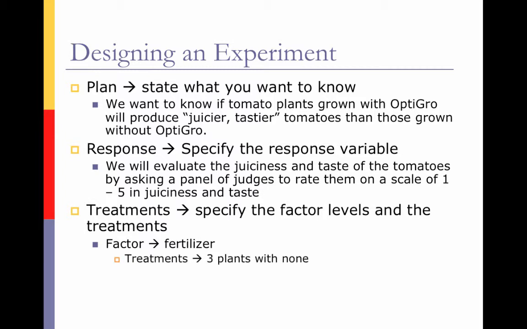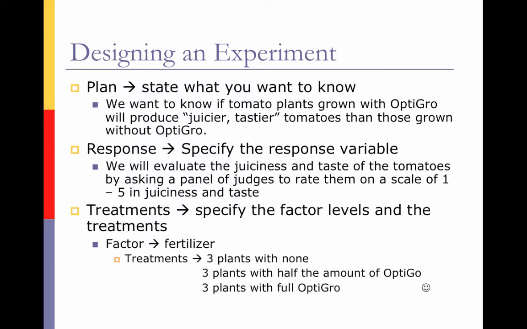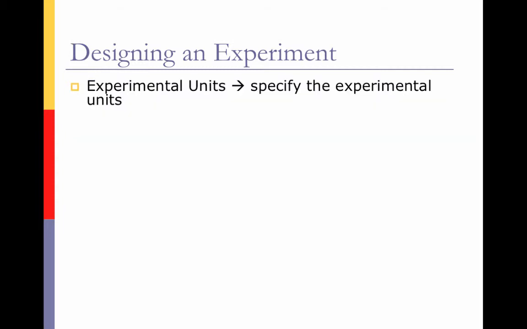We're going to have 3 treatments. We'll do 3 plants that get no fertilizer, 3 plants with half the amount of Optigrow, and 3 plants with the full amount of Optigrow. Then you have to specify your experimental unit. In this case, we need 9 plants, so you want to buy 9 plants of the same variety.